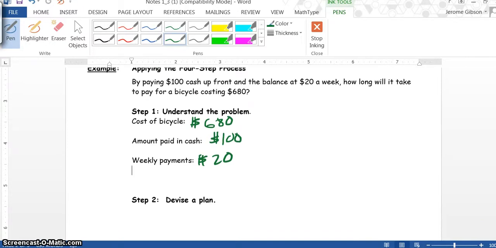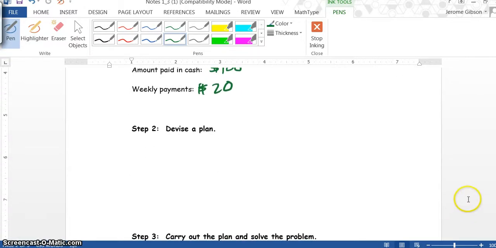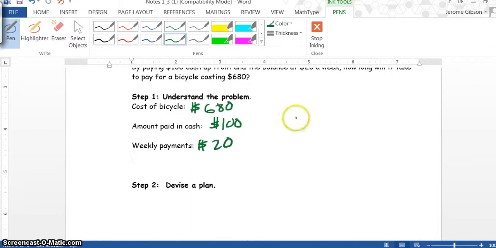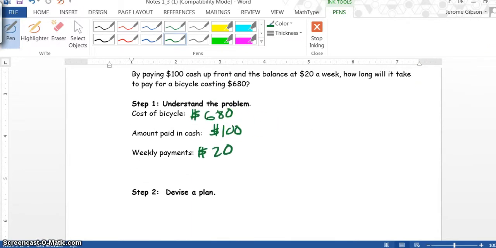Now, we come down here to devise a plan. Now, when you devise a plan, it's not necessarily you writing down numbers and showing your mathematical work. What this is, you're basically expressing how you're going to do the problem. So for instance, because we have the initial price, I would say that the first thing we would need to do is take this 680 and subtract 100 from it. And that would give us the amount that we owe.